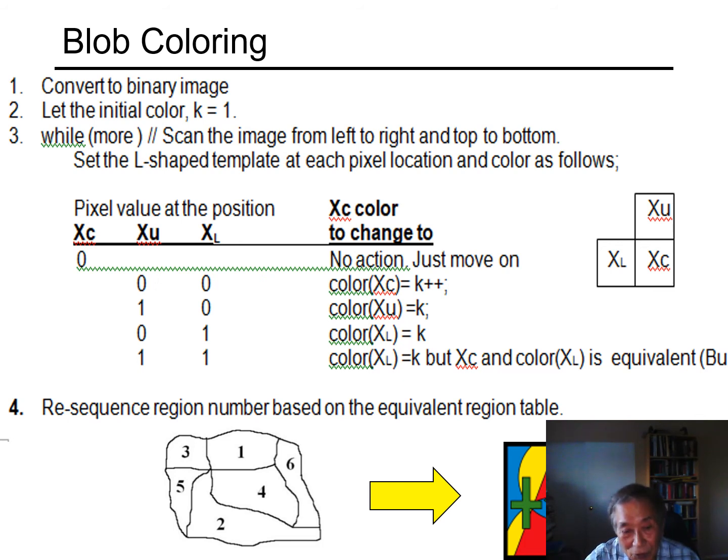So you start going on, and it's a region, maybe 1. Then suddenly, oh, I hit the boundary. This one is a 1 because it's a boundary. Then in that case, we look at the pixels above and to the left. Look at here, we have a triangular shape, looking at 3 pixels together.